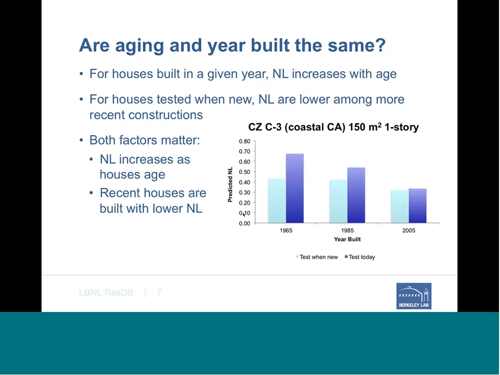So from our data, we found that aging explains why older homes are leakier more so than our improvement in building tighter homes.